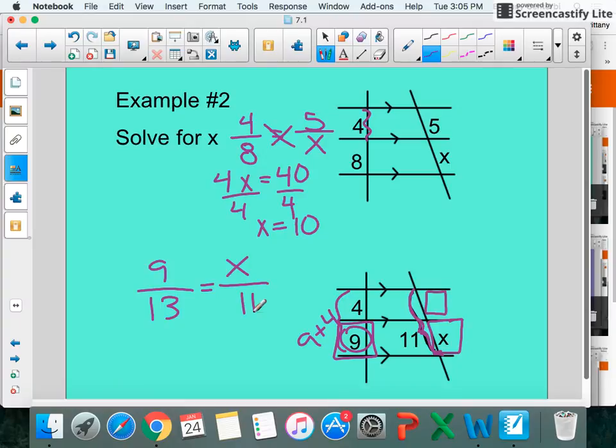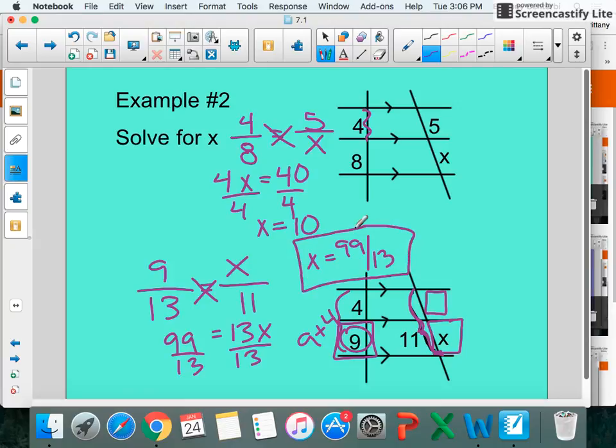And then from here, we're going to cross multiply. So I'm going to have 99 equals 13X, and then divided by 13. So we get X equals 99 over 13, which is not a pretty number, but remember, do not be afraid of fractions because we're using proportions.